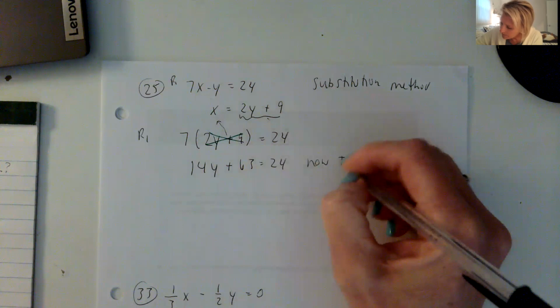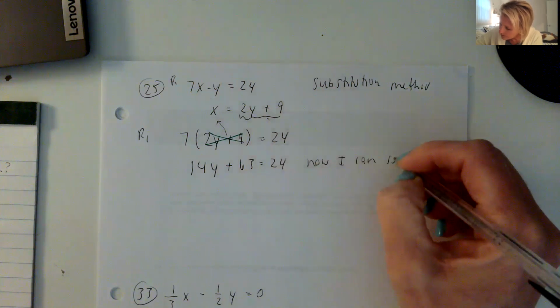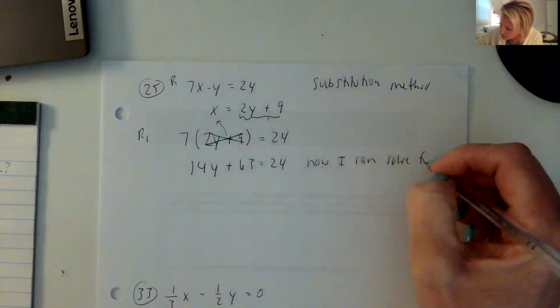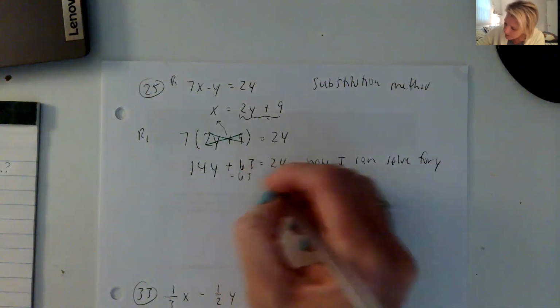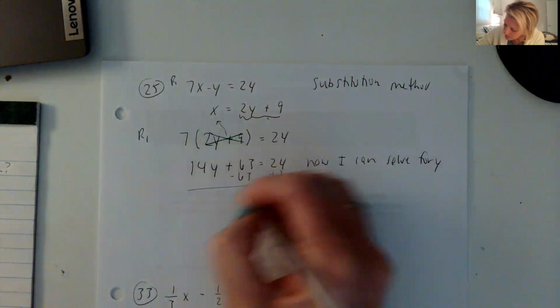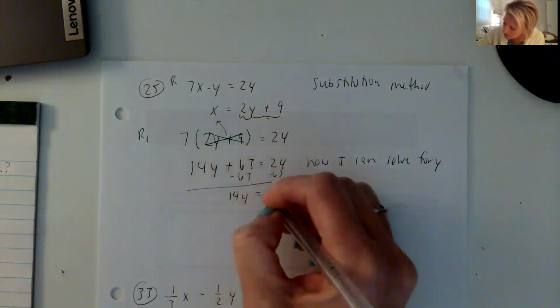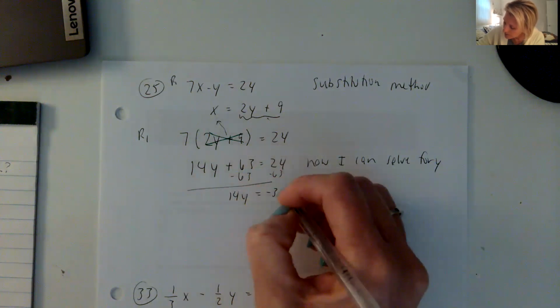Now I can solve for y. So if I subtract 63, I get 14y equals negative 39.